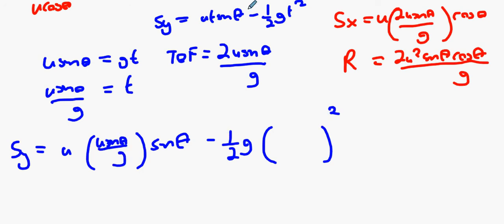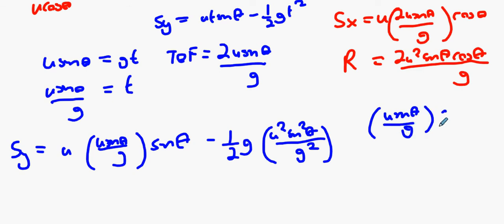In Sy, we have half g t squared. I'm just going to square it out right away, so it's u squared sine squared theta all over g squared. What I did there was u sine theta over g multiplied by u sine theta over g.